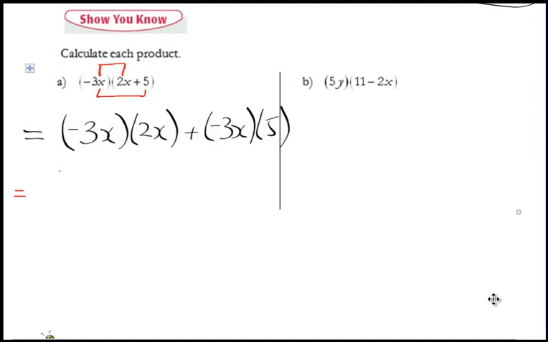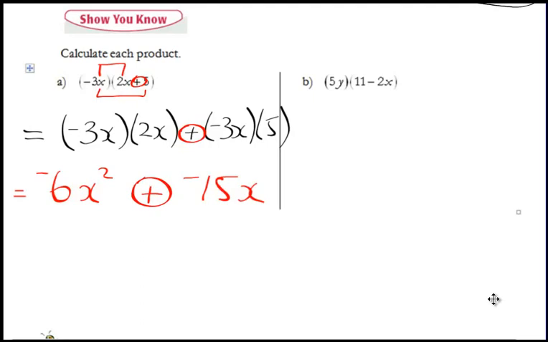So the negative 3 times 2 is negative 6x squared. Negative 3 times 5, the plus comes down here. Negative 3 times 5 is negative 15, and then we've got x there, don't we? So the connecting operation in the binomial was a plus, wasn't it? So that seems to be what we've got.